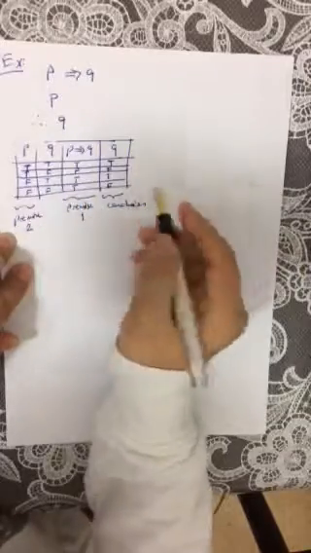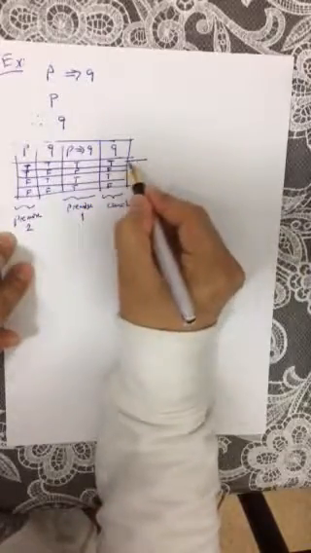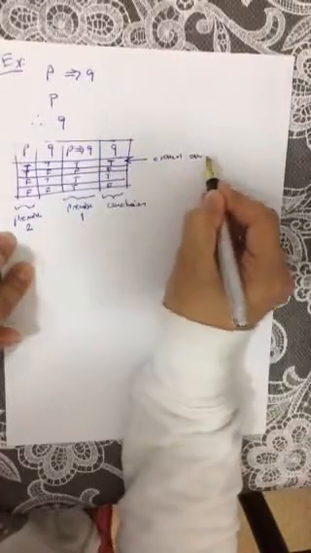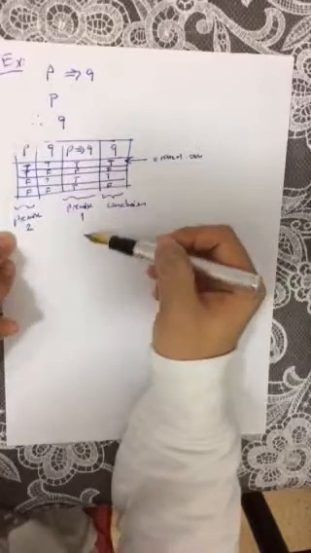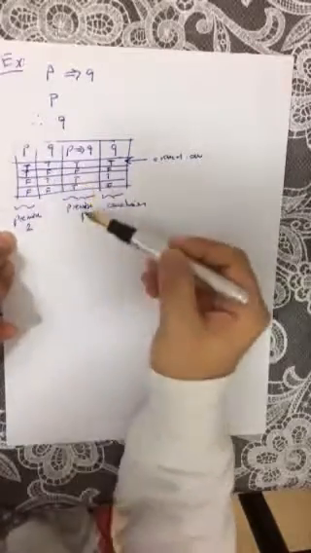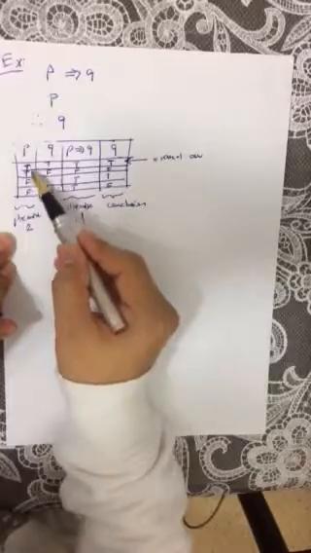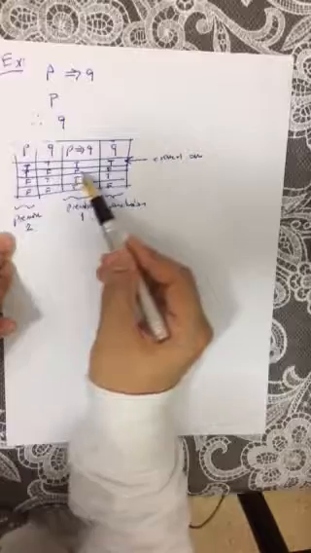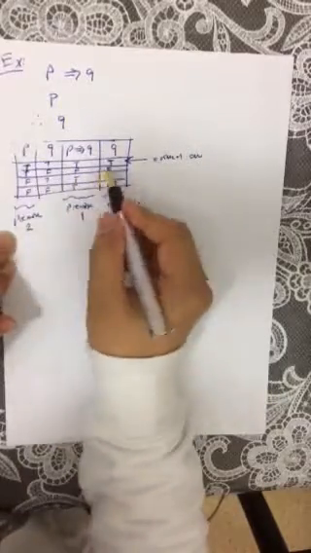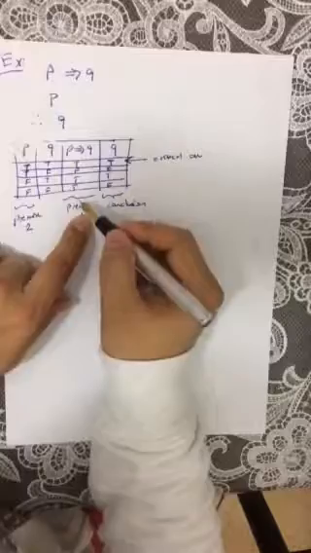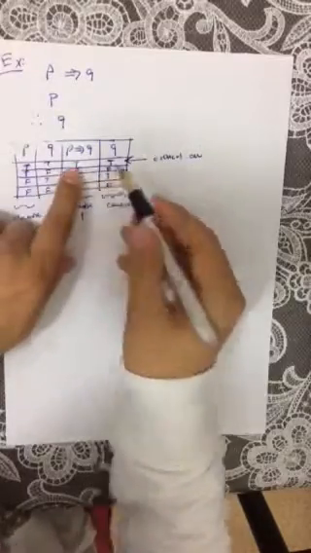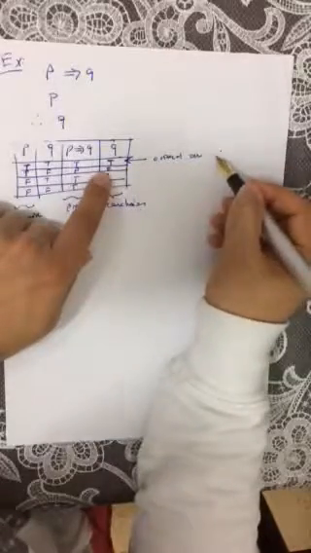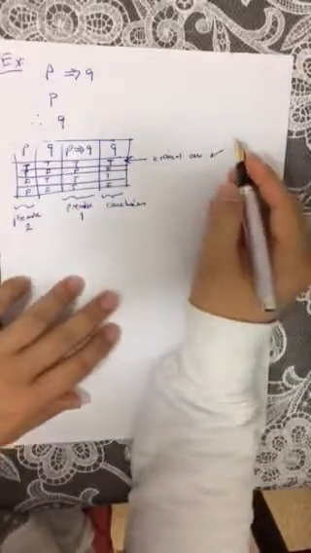There is just one row that is the critical row, because in this row premise 1 and premise 2 are true. On the other rows, we don't see any such cases. And in this critical row, premise 1 is true and premise 2 is true, and it implies that the conclusion is true. So there is nothing wrong here. So this is valid.